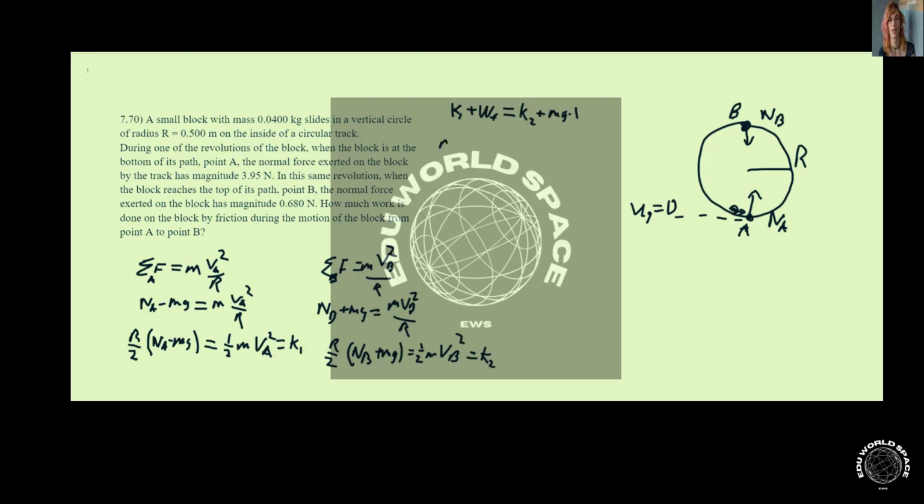We have r over 2 Na minus mg, plus work due to friction, equals r over 2 Nb plus mg, and then plus mg times 1.